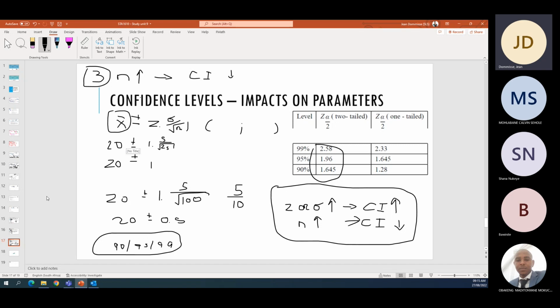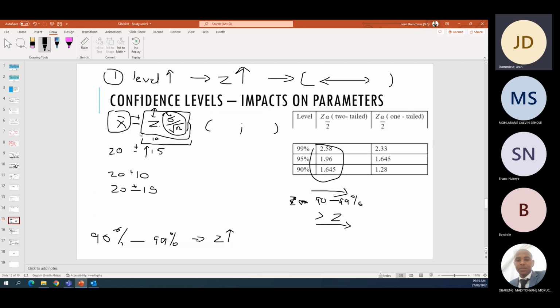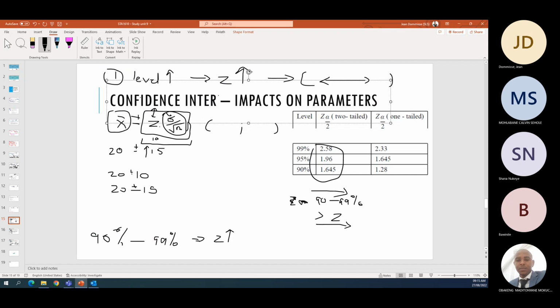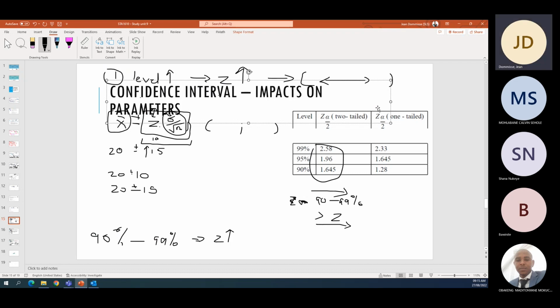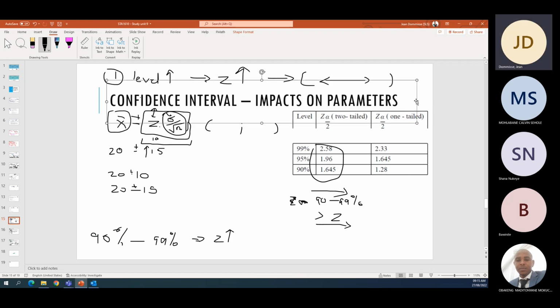So when we look at confidence interval, I just want to say, because that is the things that will impact the confidence interval.